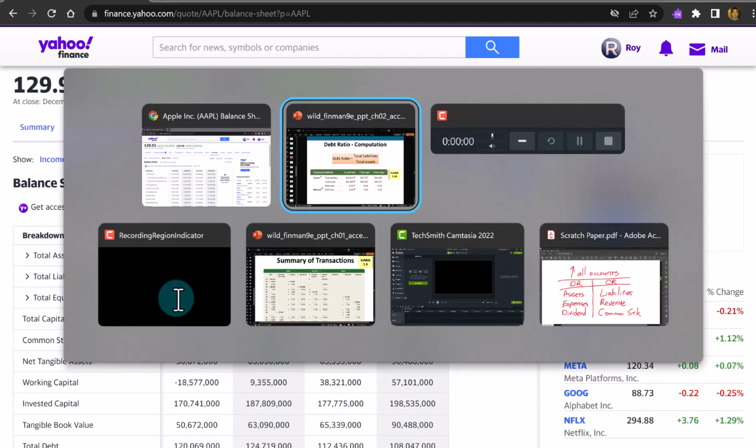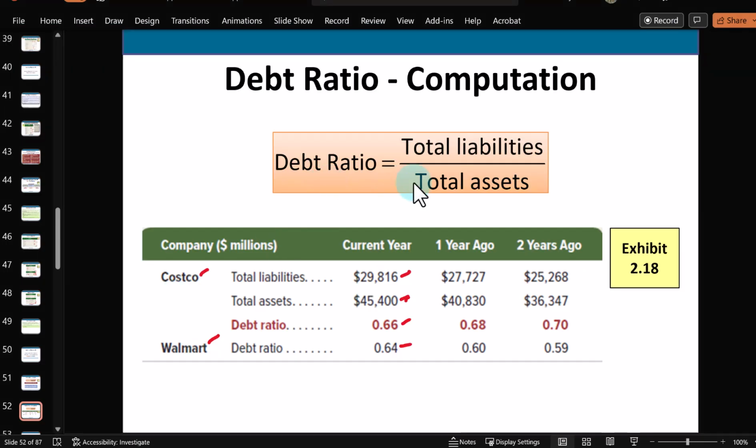So that's debt ratio, liabilities divided by assets. And you can also do a trend going over the years. It looks like it's going down slightly each year for at least these companies. It's measuring risk. You don't want it to be real low, but then you don't want it to be too high.